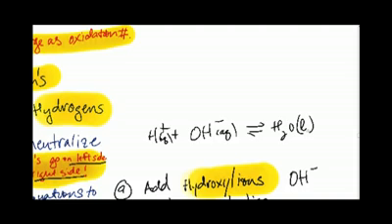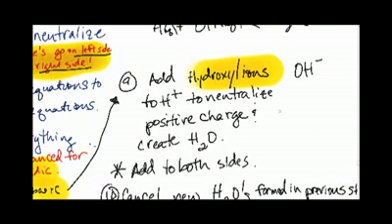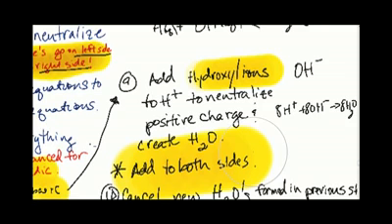You guys remember that, hopefully. So let's say you have 8 hydrogens on one side left over after you neutralized. You would add 8 hydroxyl ions, and you would get 8 waters. If you do something to one side, the universal law to keep everything balanced is to do it to both sides. So add to both sides.